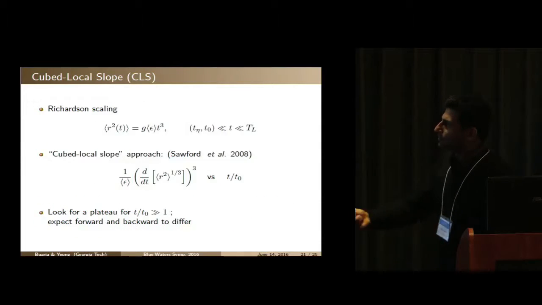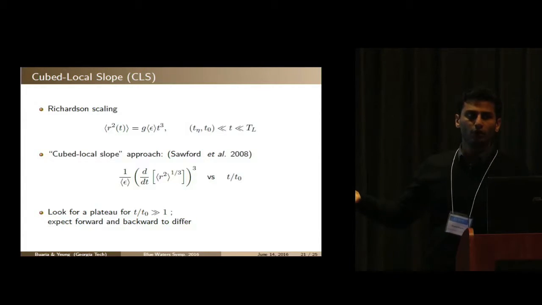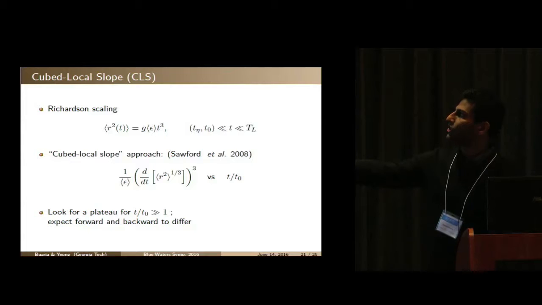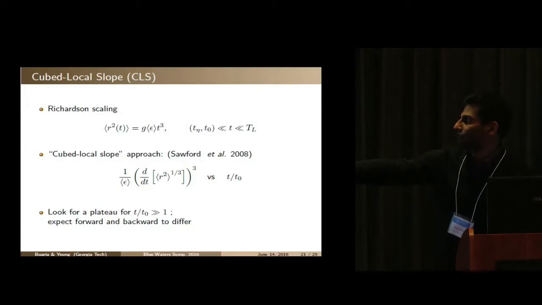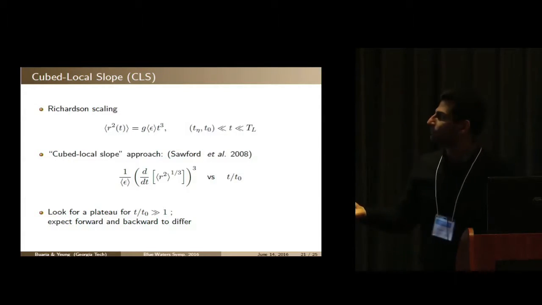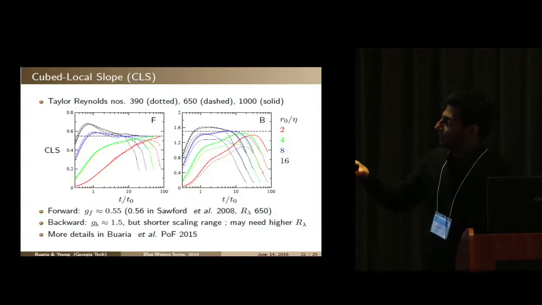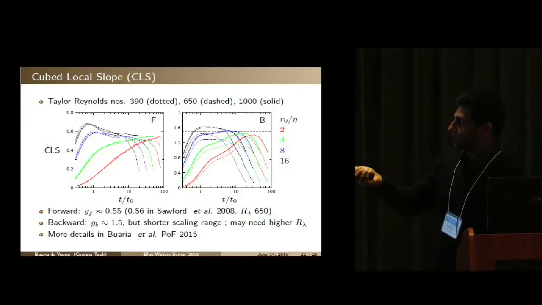One of the ways to quantify that is to look at the so-called cube local slope, where we take this expression, take the cube root, then take the derivative to isolate this g. If this scaling holds, then this slope would give a plateau at g. And we look at different Reynolds number data at different initial separations, and we plot them together.